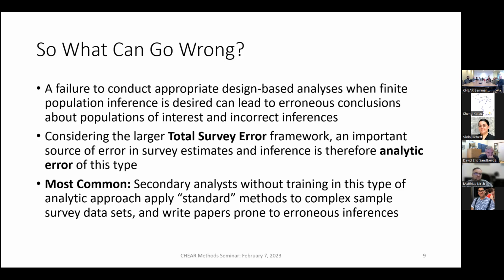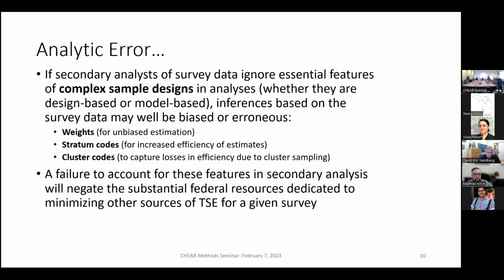So the most common problem is that well-meaning secondary analysts without training in this kind of an analytic approach apply standard methods that they've used in other analyses to these complex sample survey data sets, and they write papers that could be prone to these erroneous inferences. That's really the common issue that we try to prevent with this kind of training. So again, what is meant by analytic error here?